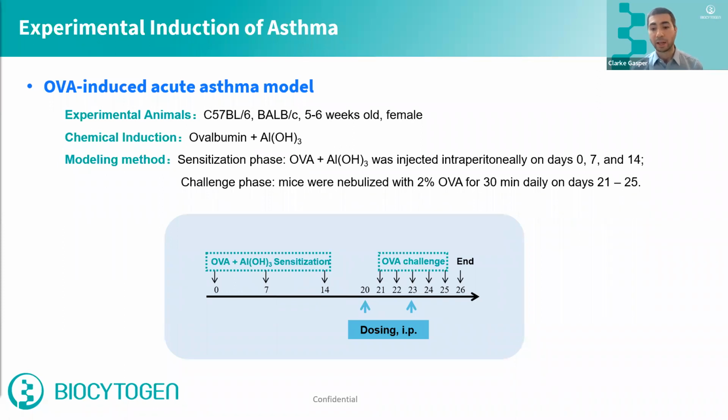This is then followed by a challenge phase where the mice are nebulized with ovalbumin for several consecutive days. Treatment of the mice with therapeutics can begin on days 20 and 23, as shown in the dark blue box.